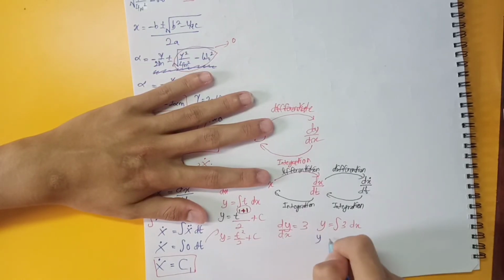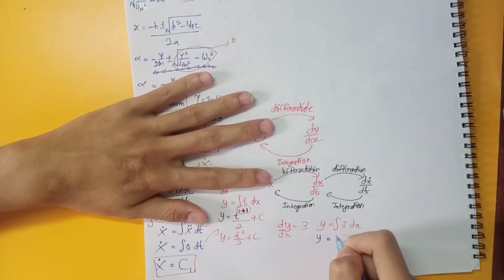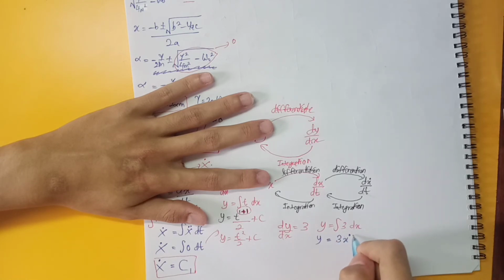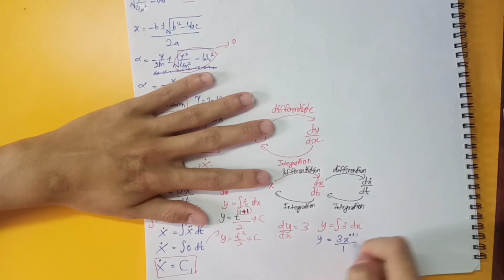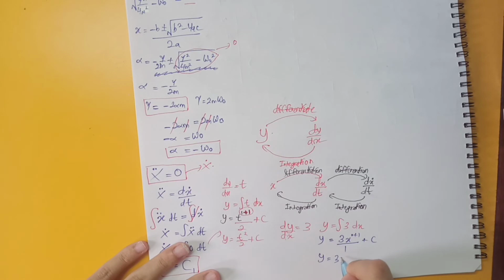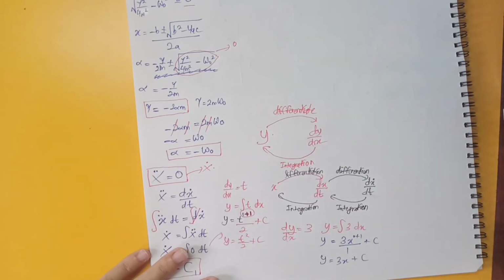So y is equal to 3 times x to the power of 0, because 3 times x to the power of 0 is equal to 3. Now 0 plus 1 equals 1. So plus c. So y is equal to 3x plus c. Pretty simple.